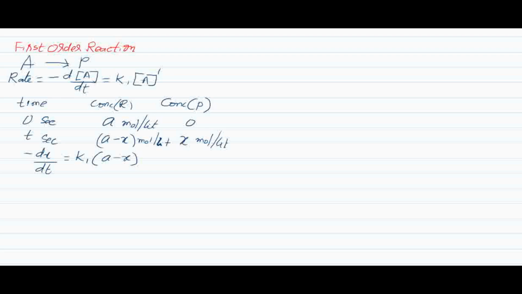Now the two groups are exchanged. So minus dx by a minus x equals K1 into dt.